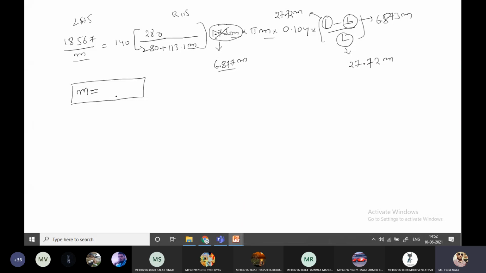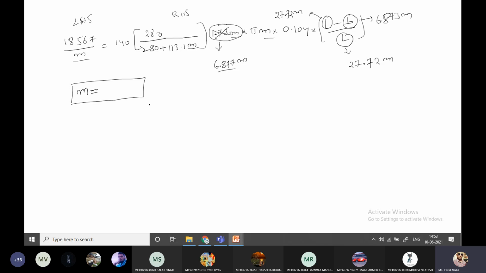What is the M value? How much module? Everything is written on the screen.